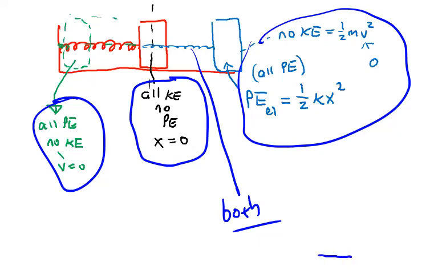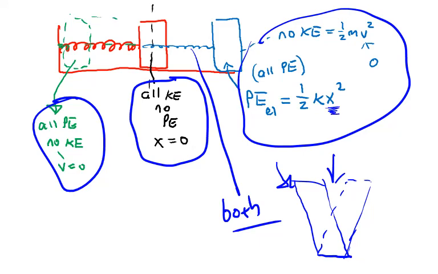Likewise with the building, as it stretches, the engineers would have to know if the building's over here, over here, or in the middle. In the middle, it's all kinetic energy, but at the very end here, you have a certain distance that it's stretched out, and so the engineers would need to know about that.